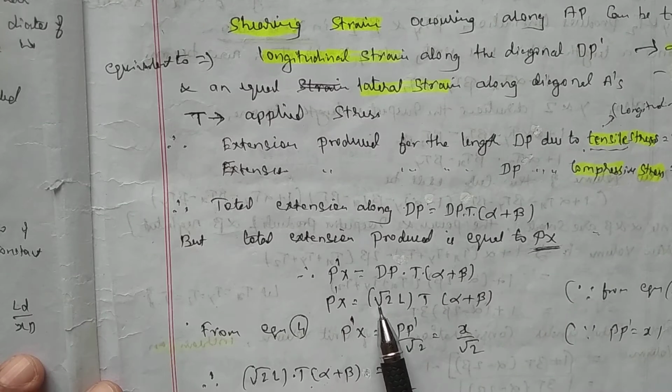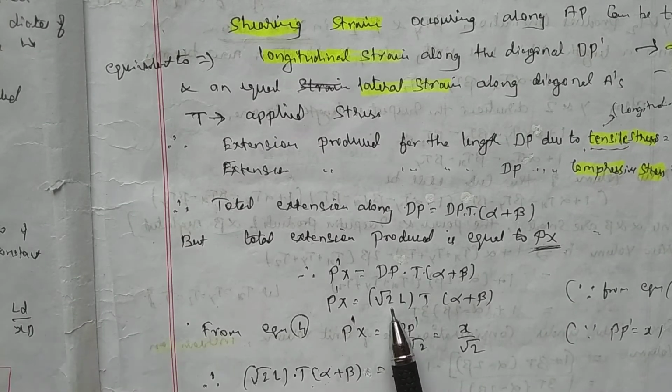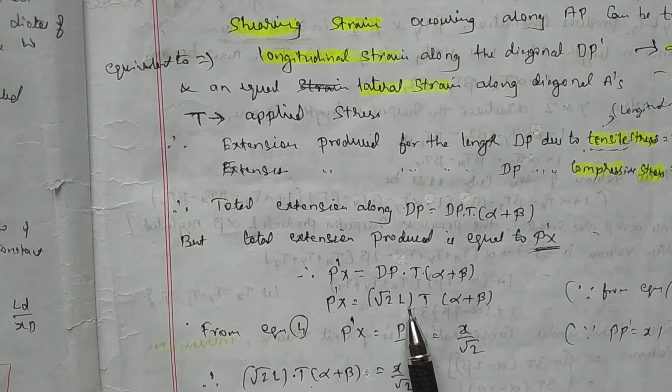Now P dash X is equal to root 2 into L into T into alpha plus beta. This is from the previous equation that we have derived, which we have taken as equation 3.